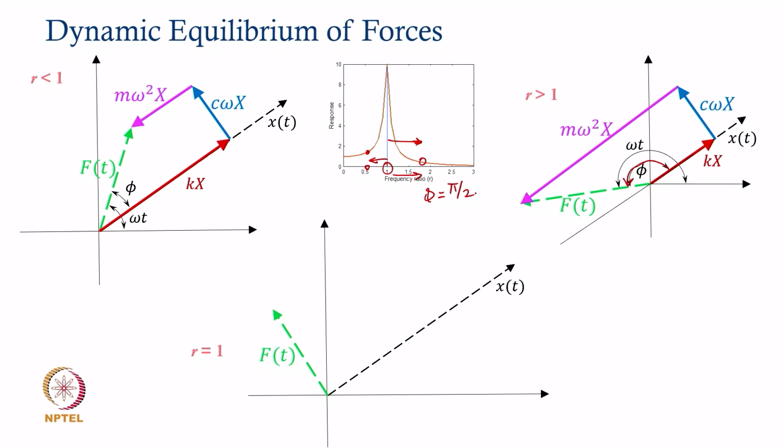So, which means that the force and the restoring force and the response are going to be 90 degrees apart, and then your damping force and m omega square x are going to be creating almost like a rectangle. Okay.